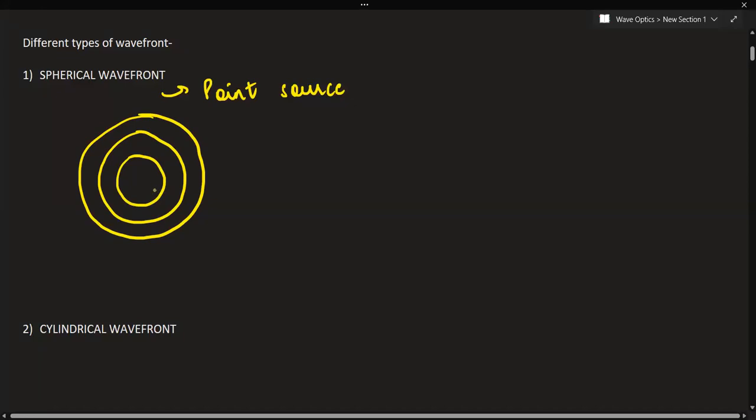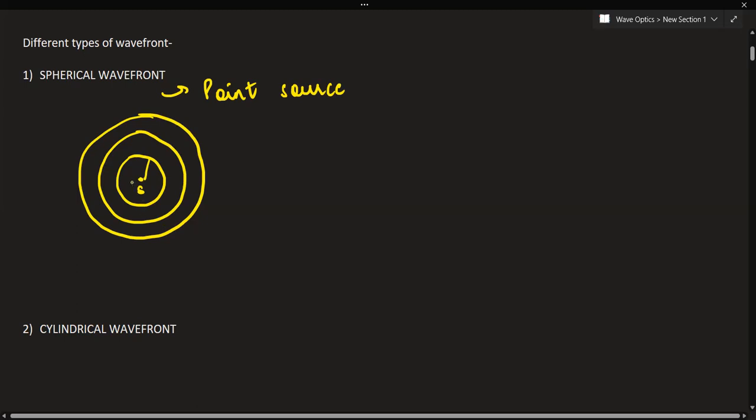So in the case of a point source, all the particles form a spherical shape. The reason is that all such points are equidistant. If this is the source of light, then all these points lying on the sphere are equidistant from the point source, and the disturbance starting from the source will reach all these points simultaneously. That's why we get a spherical wavefront.